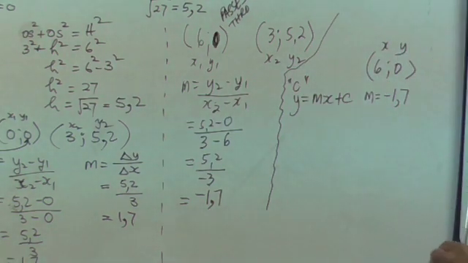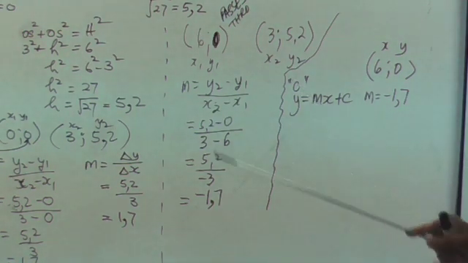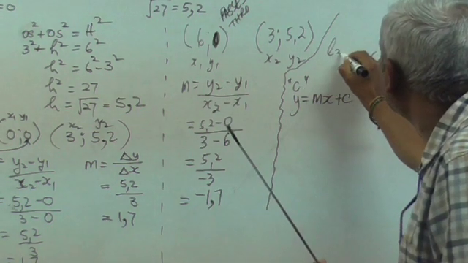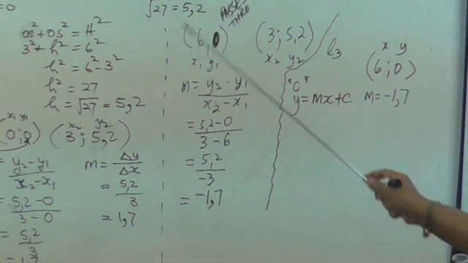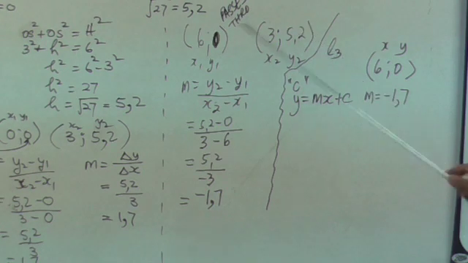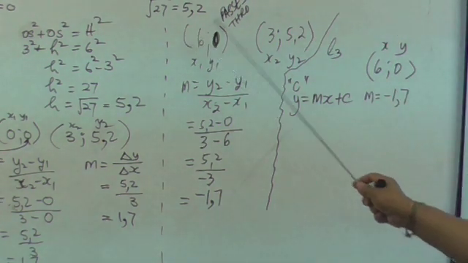Alright, we want to follow this carefully. We are doing line 3 now. Actually, we started line 3 right over here. Our working for line 3 starts here, and we use those 2 points.